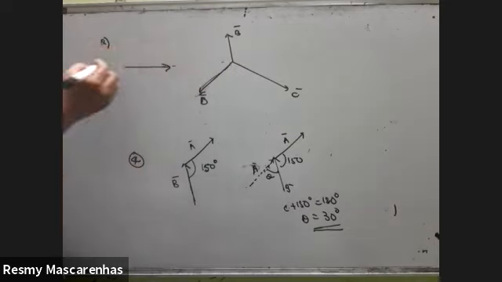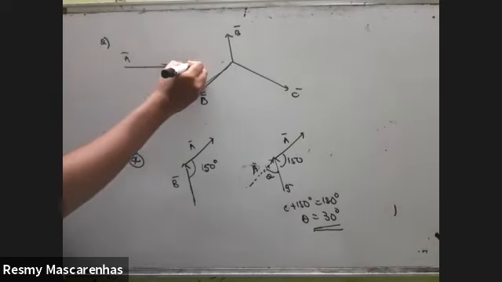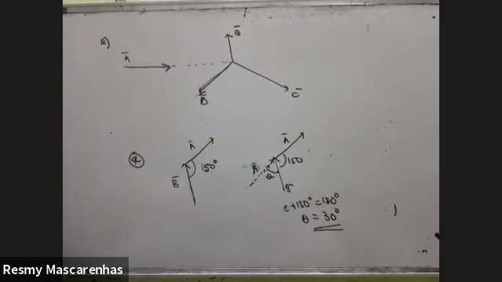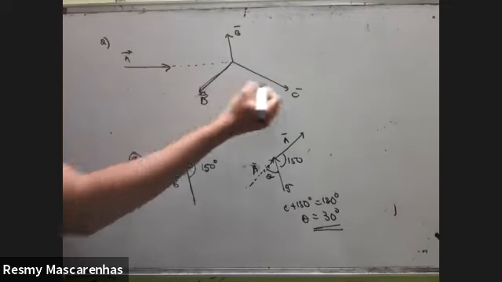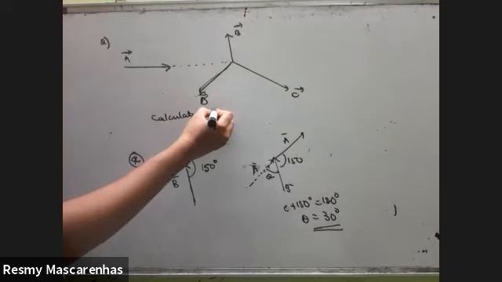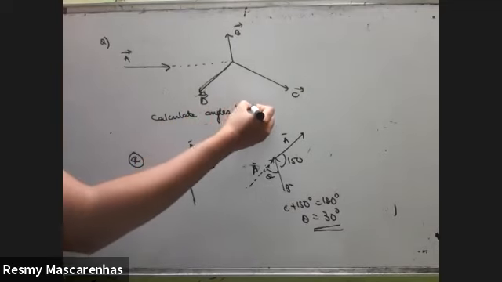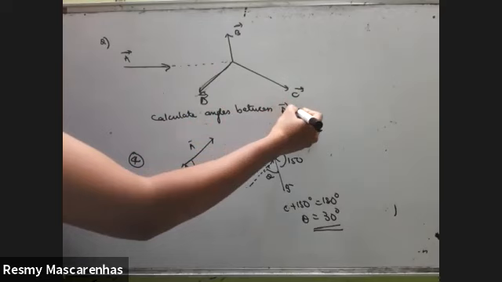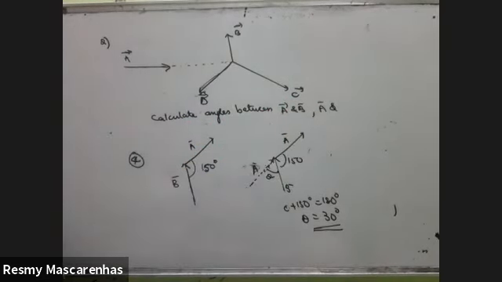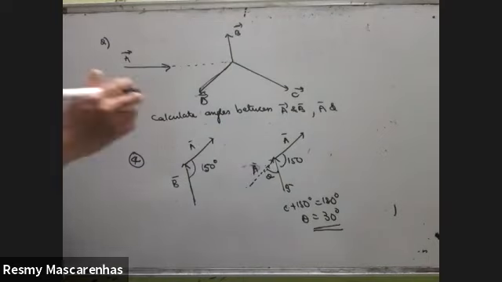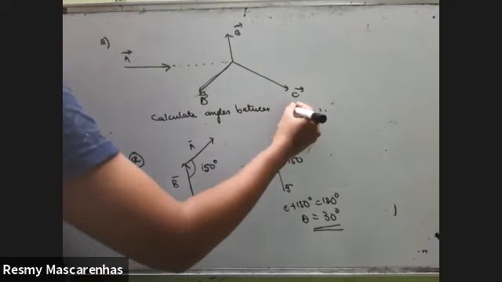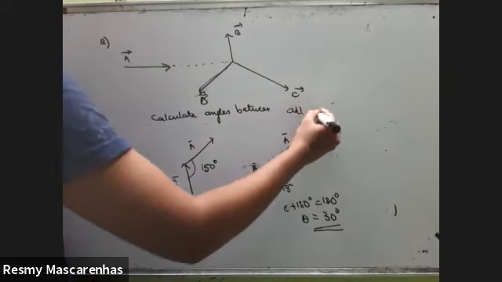Exactly in this point line you draw this A bar. Make sure it is reaching here at this point. Calculate angles between A bar and B bar, A bar and C bar, A bar and D bar, B bar and C bar, all the angles, okay? All vectors, okay?